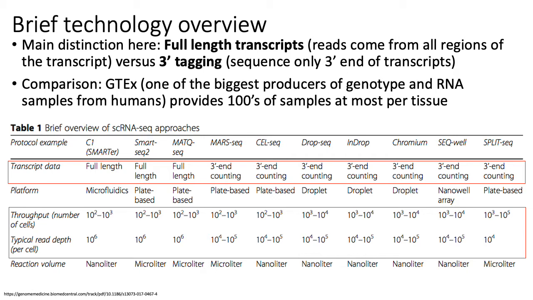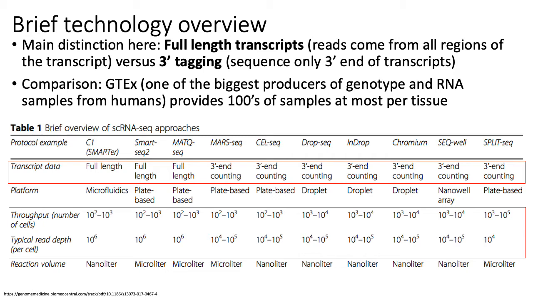What I mean by that is, if you look at the full-length based approaches, generally speaking, the number of cells that you can sequence is typically at most on the order of 100, or maybe 1,000 cells per assay. Whereas the 3' end counting methods allow you to sequence a few orders of magnitude more cells.